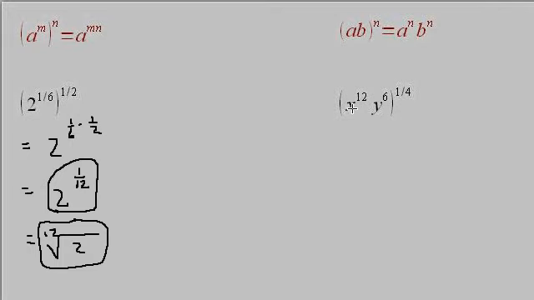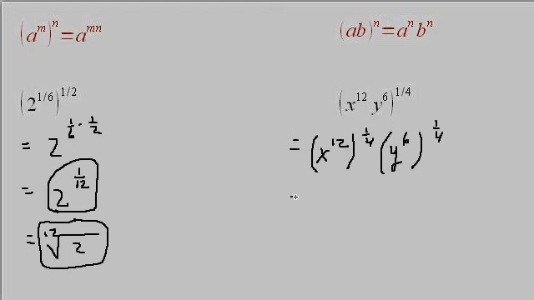Okay, all the variables are positive. So this is equal to x to the 12th raised to the 1/4, y to the 6th raised to the 1/4. Okay.